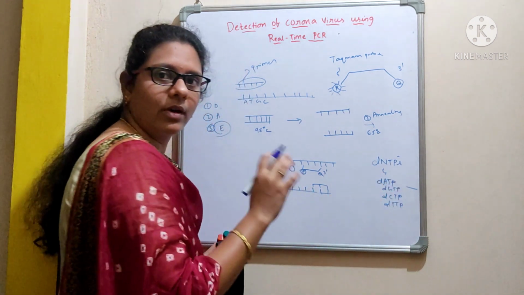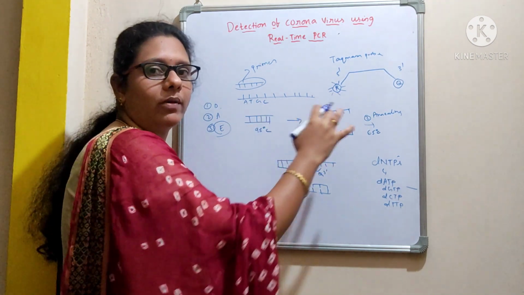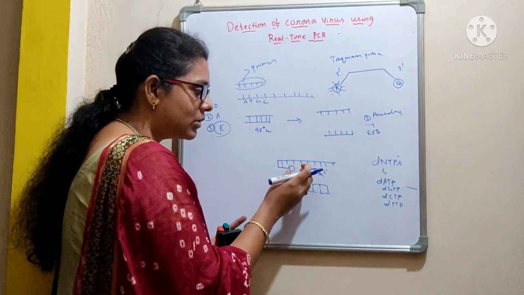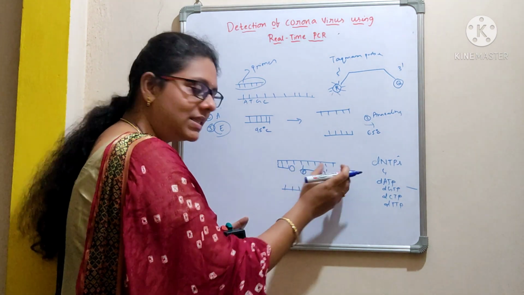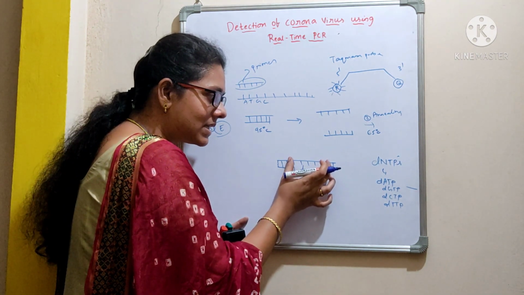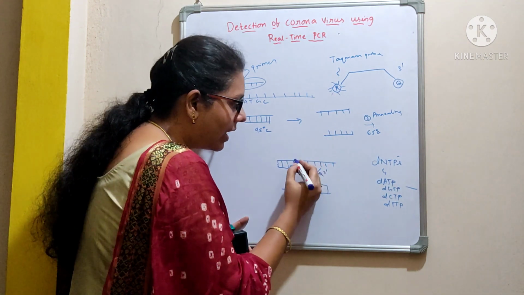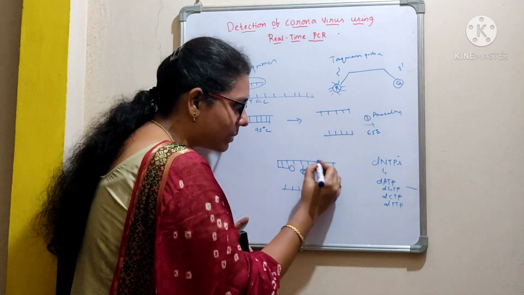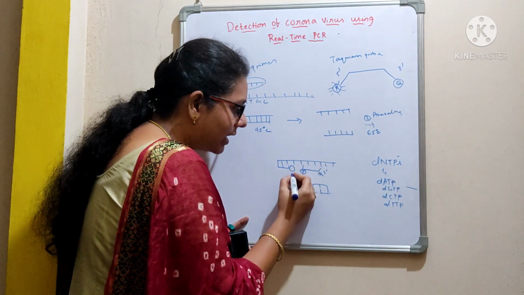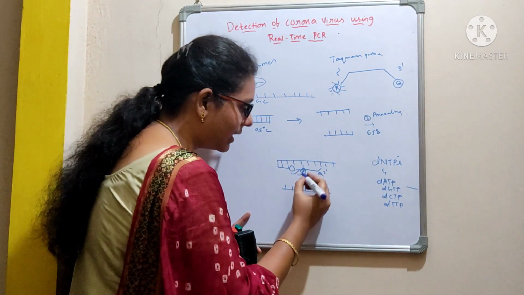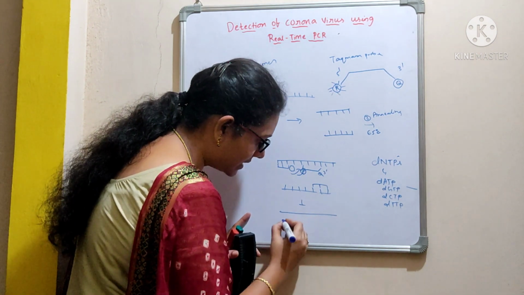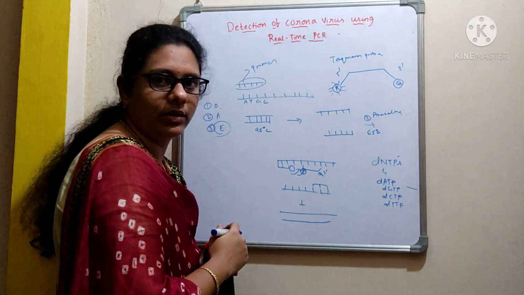These are the 4 dNTPs we provide when we set up a reaction. What is this DNA polymerase going to do here? It synthesizes DNA using this single-stranded DNA as a template, and based on the information present on the DNA, it adds the nucleotides one after the other and synthesizes a new DNA molecule.